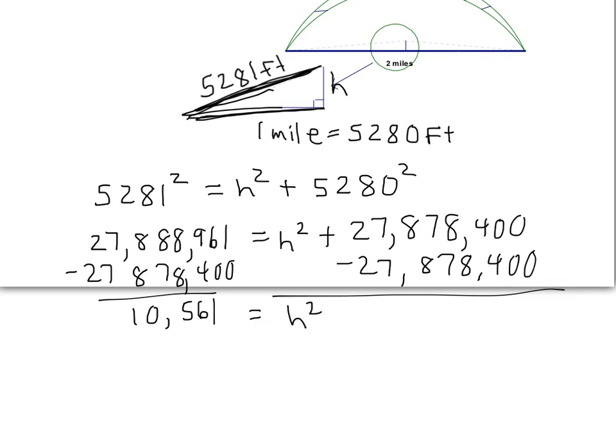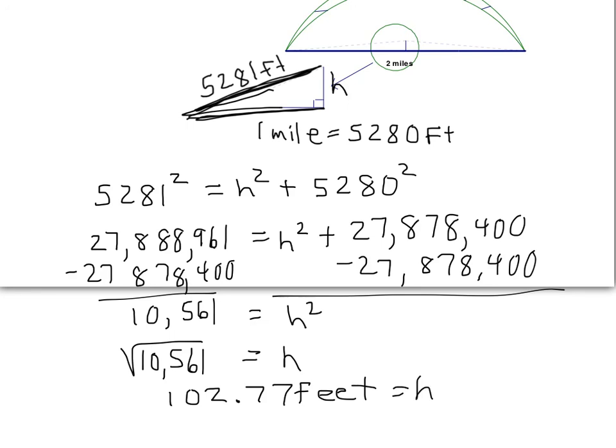Take the square root of 10,561 feet, you get 102.77 feet. No way.